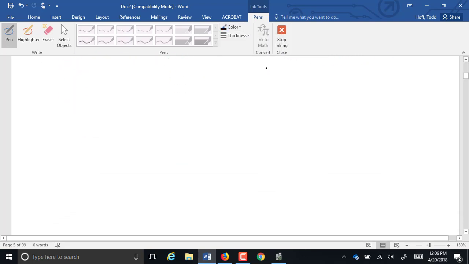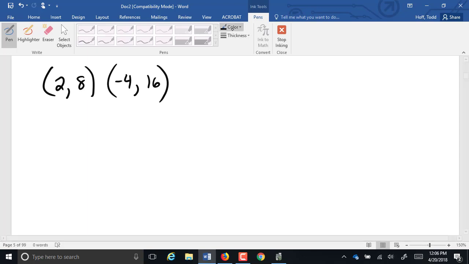So let's take a look at some examples here using that formula. Let's say that we have 2, 8 as one endpoint. And let's do negative 4, 16 as the other endpoint. Find the distance between those 2 points. I'll call this point 1 and point 2.